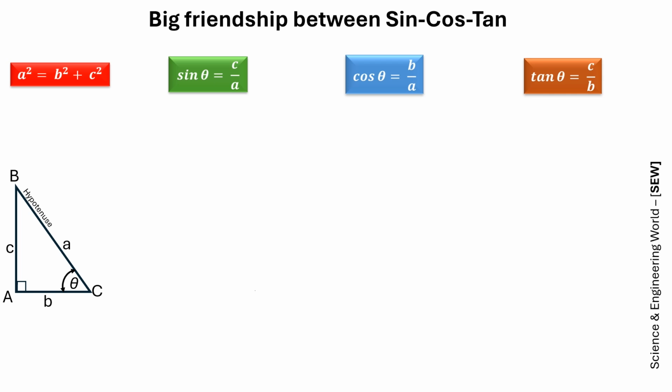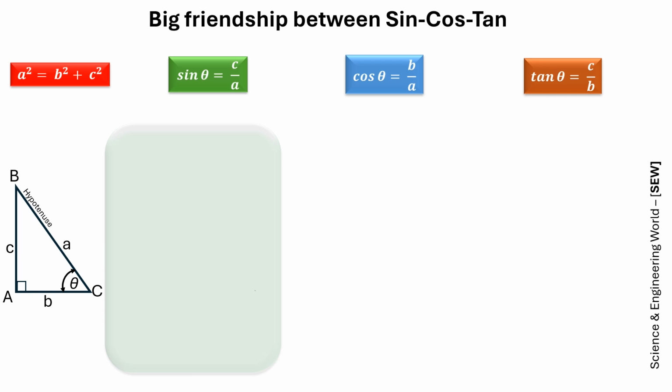Here in the previous videos, I've established these relationships that we have here. So please look at the link and then you'll be able to follow us better. Now let's move further to do bigger relationships between these trigonometric ratios.